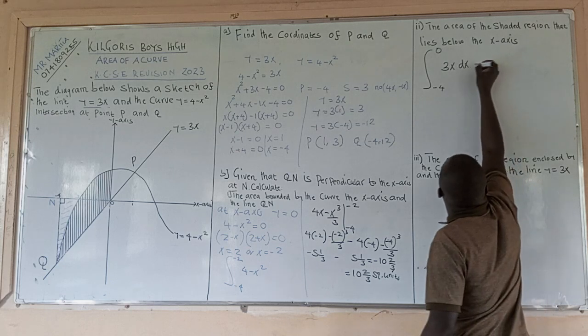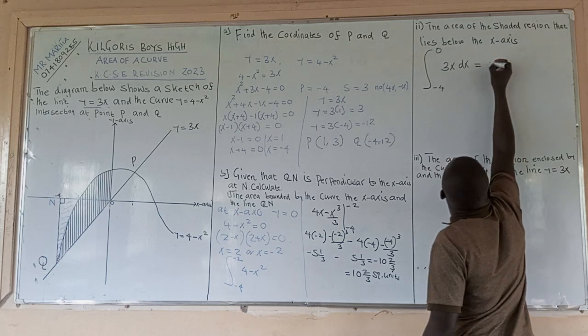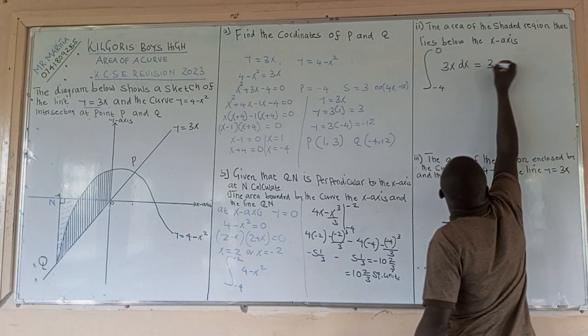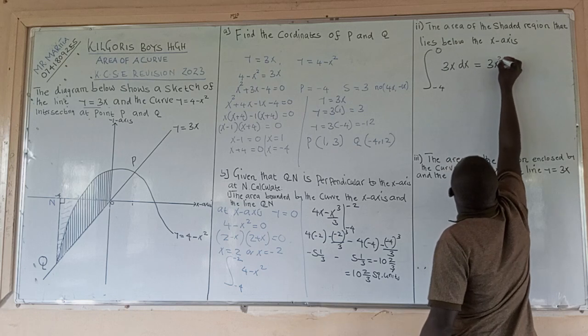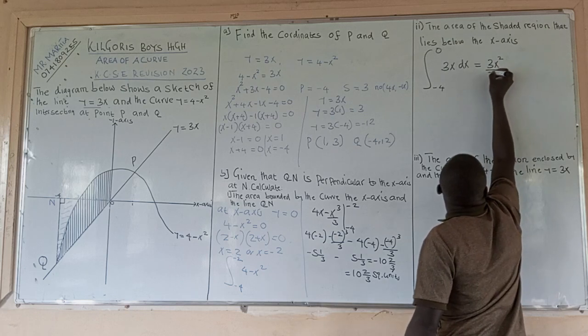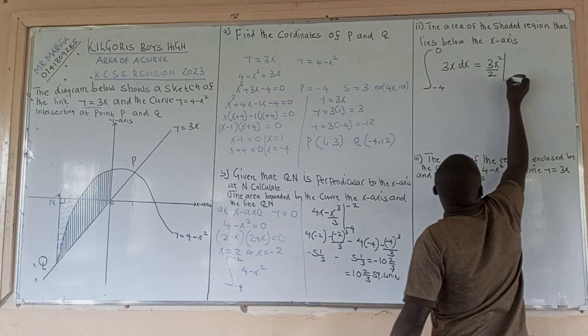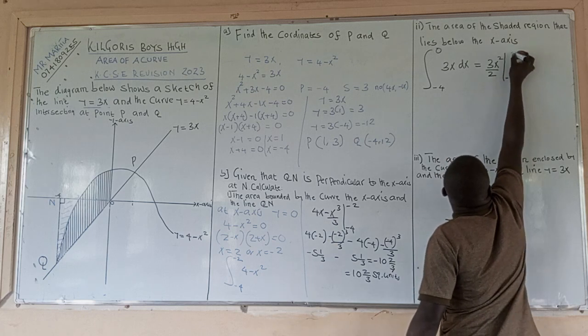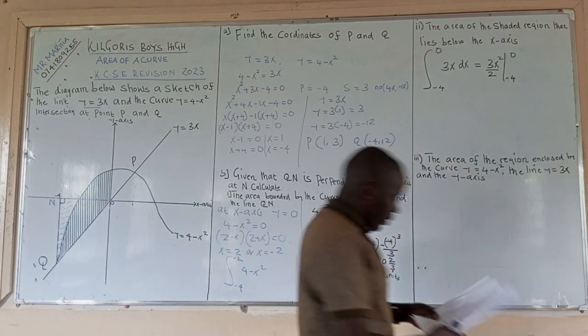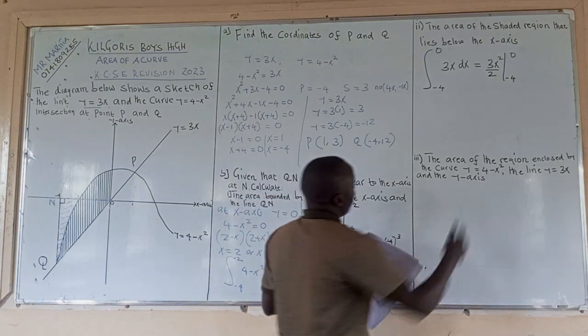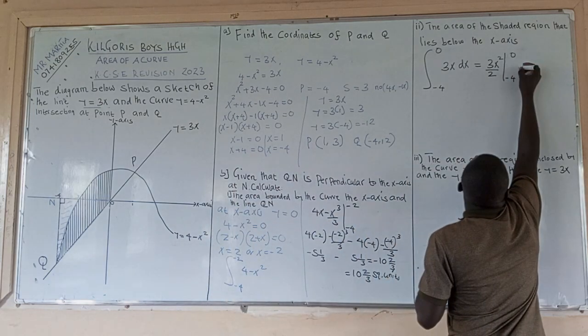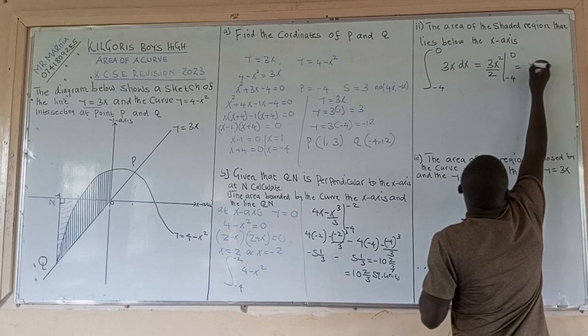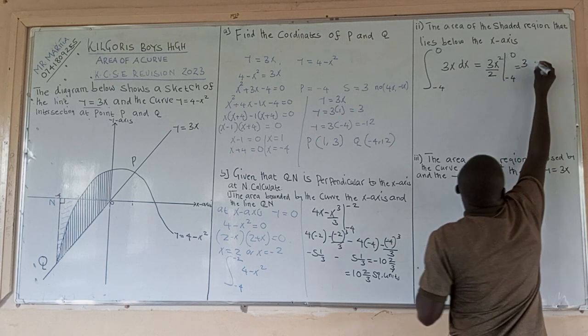So we integrate that one, and we have 3x squared divided by 2, with the limits between -4 and 0. When x is equal to 0, we have 0.